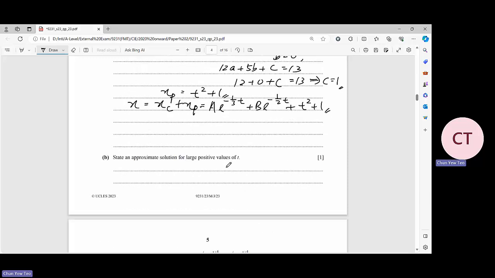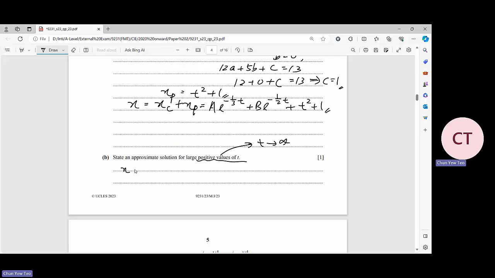State an approximate solution for large positive values of t. Okay, so when t goes to infinity, the meaning is that t is approaching infinity. So what will x be approaching, or x equal to?